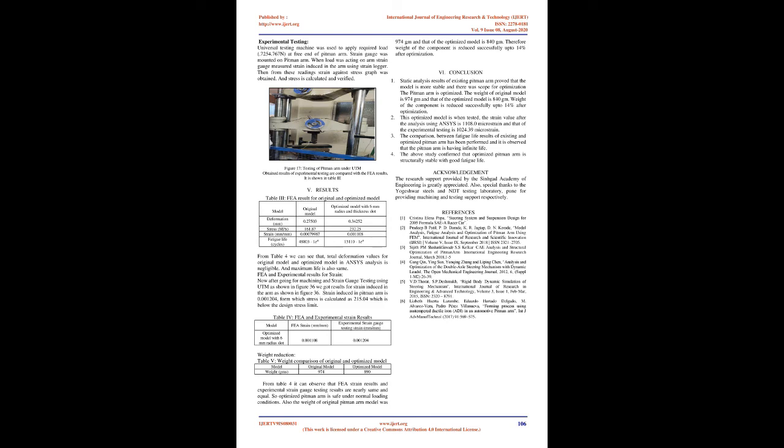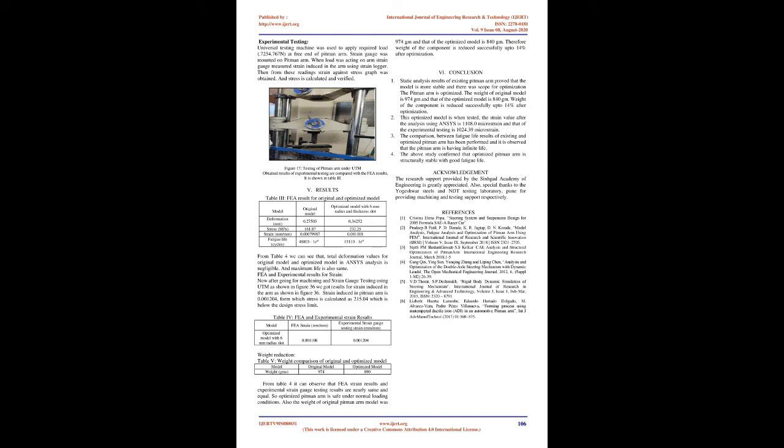FEA and experimental results for strain. Now, after machining and strain gauge testing using the UTM as shown in Figure 36, we got results for the strain induced in the arm as shown in Figure 36. The strain induced in the Pitman Arm is 0.001204, from which stress is calculated as 215.04, which is below the design stress limit.